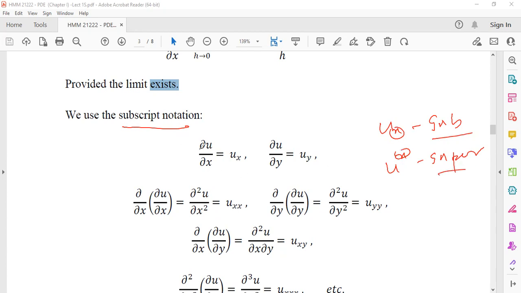In subscript notation, used mostly for PDEs for easiness, rather than writing this one, we use this one. Del u over del x means ux. It is a standard notation, so wherever you use it, everyone knows that ux is del u over del x. We can use this one or this one. That's the notation we're going to see.